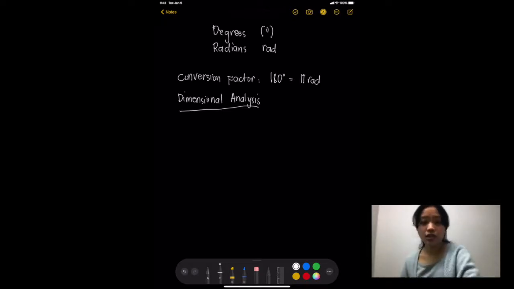If you've just started learning math, you may not have encountered dimensional analysis yet. I first encountered this in third year high school, when I was taking up chemistry, because there's a lot of conversion happening in chemistry. In dimensional analysis, it's simply using the conversion factor as a multiplication factor so that I can cancel out units, and then what's left would be the unit that I'm looking for.